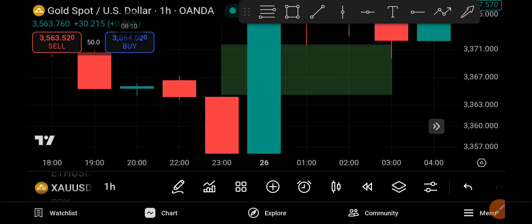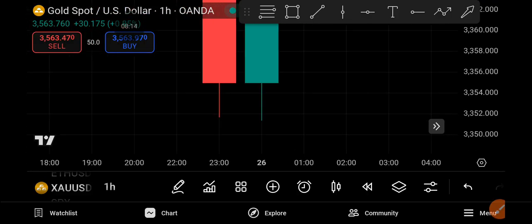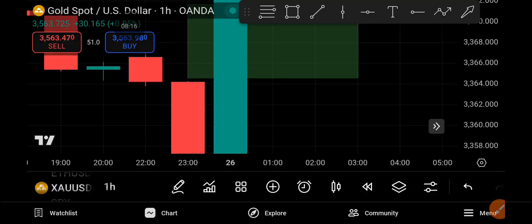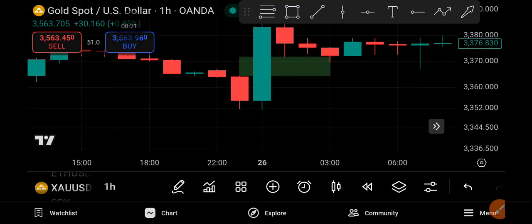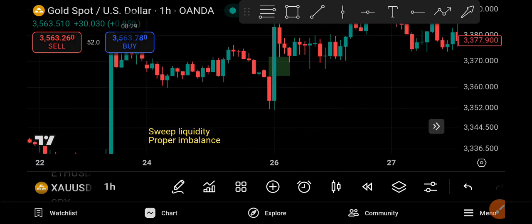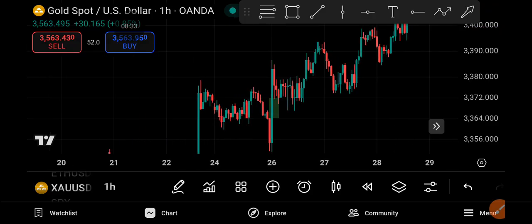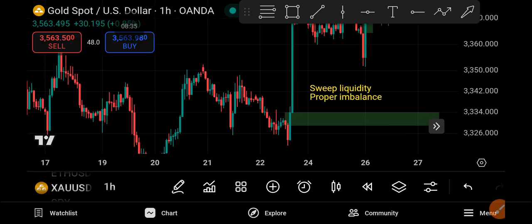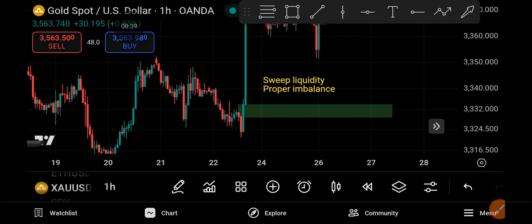So you see, it swept liquidity by itself and even created an imbalance by itself. One candle swept liquidity and created an imbalance. That's called a single candle order block, and that one is not so nice. You should basically wait for these standard ones. They are very, very good.